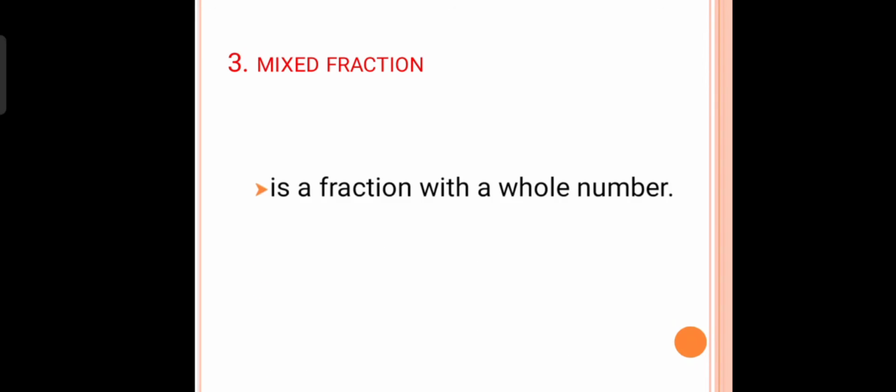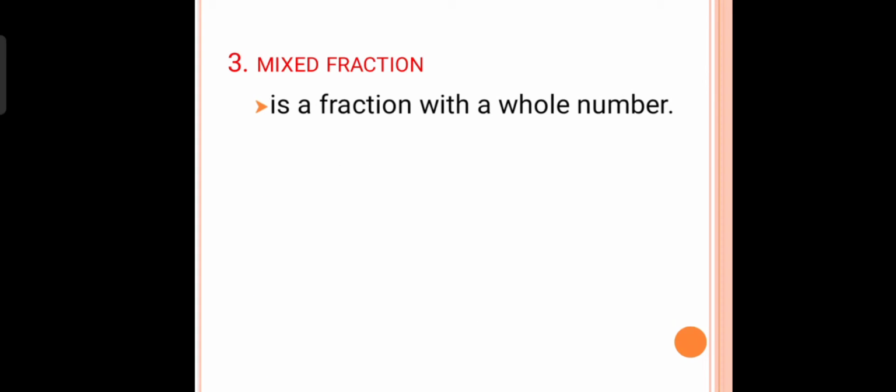We have another kind of fraction, mixed fraction. What is a mixed fraction? It is a fraction with a whole number. So we have an example, 5 1/4. What is the whole? 5. What is the fraction? 1/4.